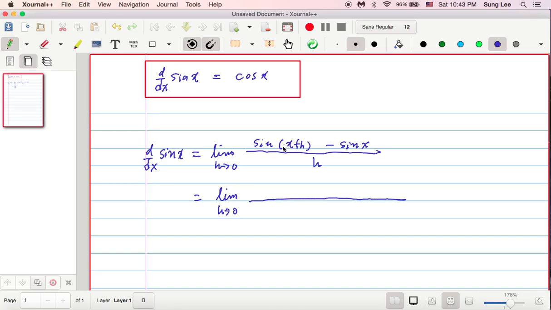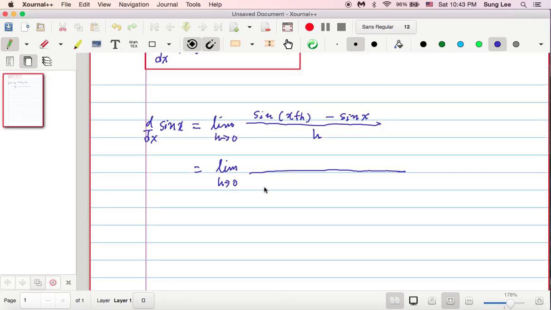Okay, so in this case, there is one thing you will have to remember, okay? The sine sum formula that you learned in trigonometry, that's what we are going to use here, okay?